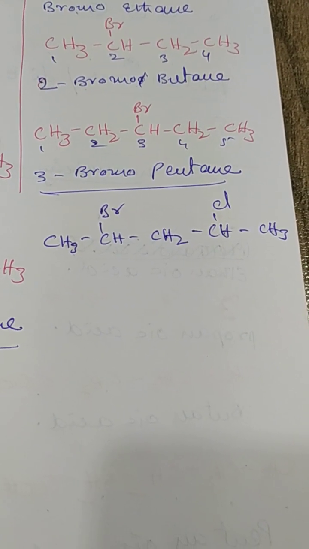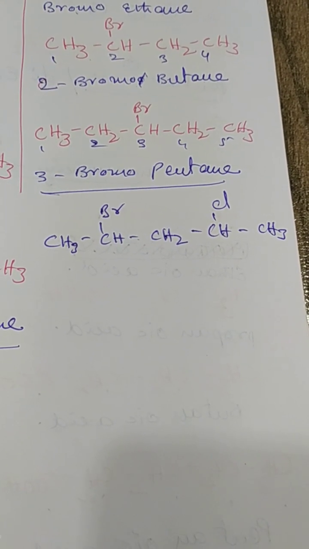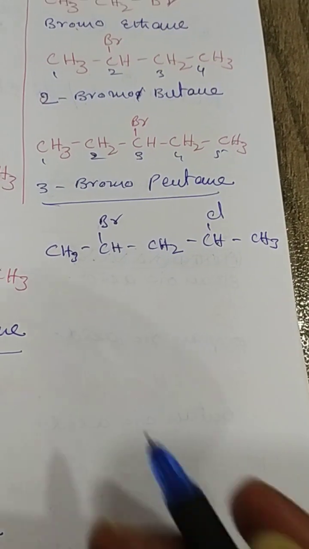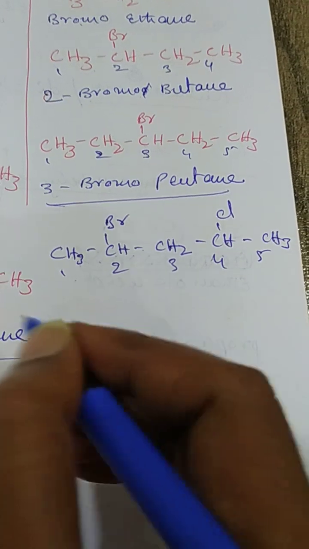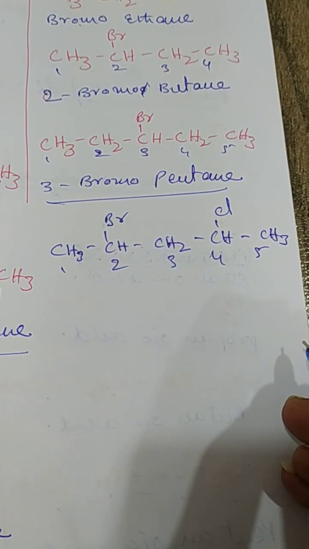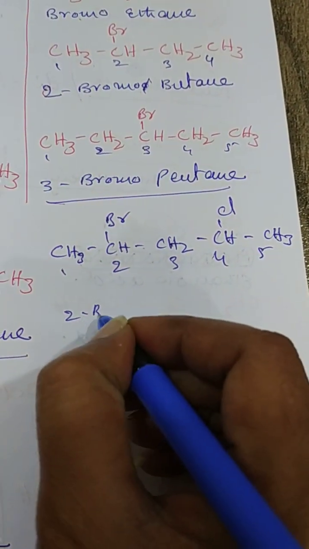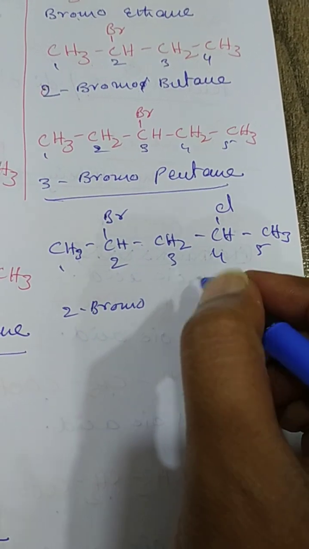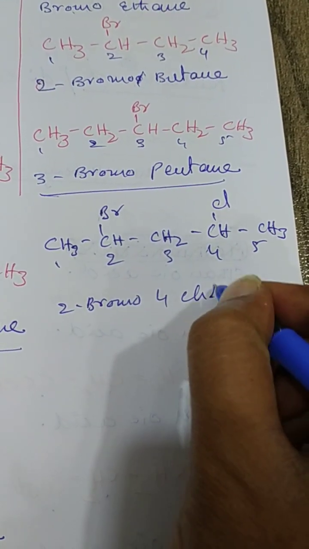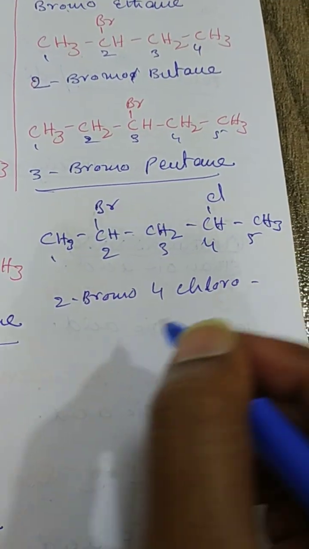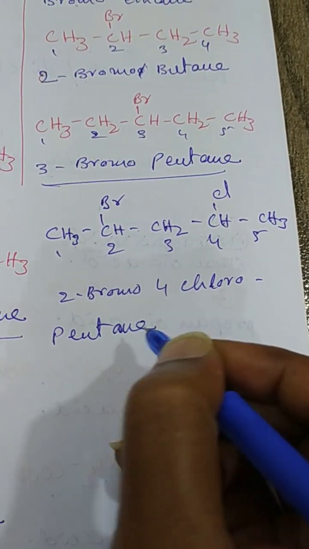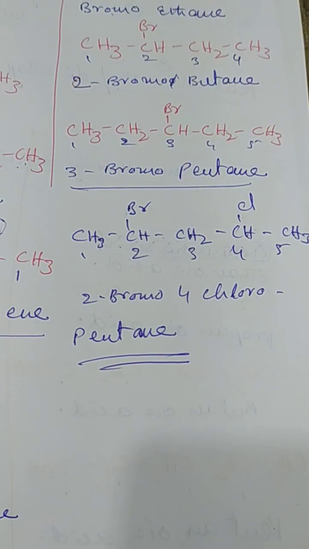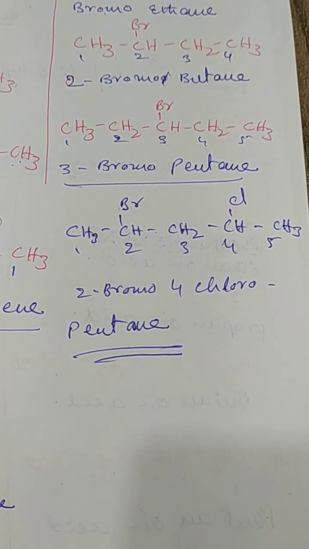Equal means you can take numbering from any side. So if you take numbering 1, 2, 3, 4, 5, like this, you can write 2 bromo, 4 chloro, pentane.